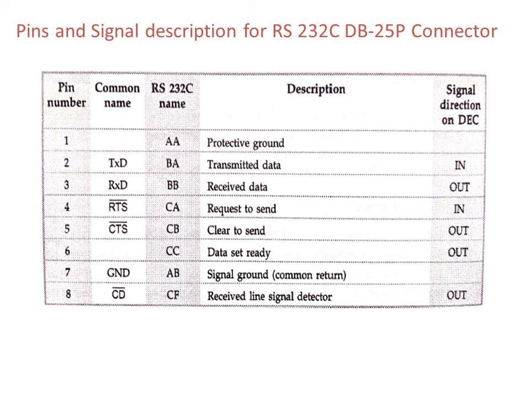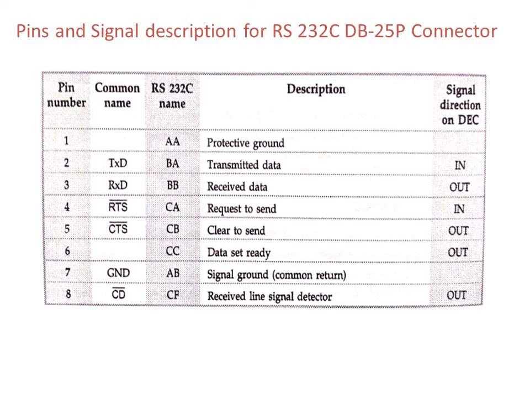As shown in the table, the RS232C name of the first pin is AA, and it is protective ground. The common name of the second pin is TXD, its RS232C name is BA, and it is transmitted data, and the signal direction on DCE for this particular pin is in.